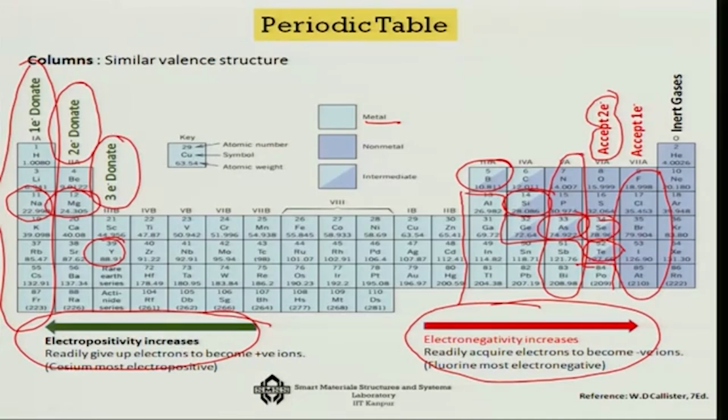And then you are getting perfectly non-metals. So, thus the periodic table gives us a fairly good idea about how to classify the materials in terms of their valency structure, metals and non-metals and intermetallics.